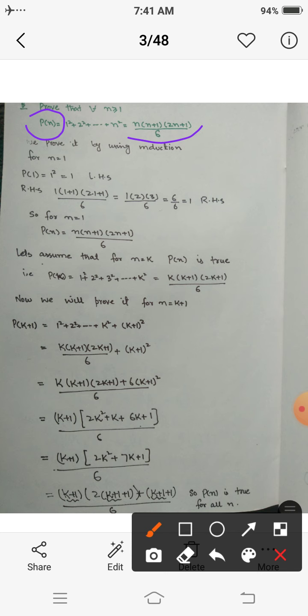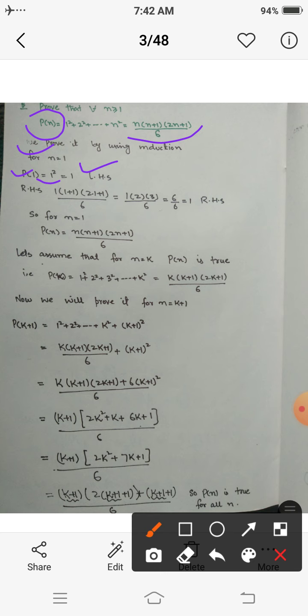Now what is the principle of mathematical induction? We prove the given statement for the smaller values, that is for n equals to 1. The given statement p of 1 becomes simply 1 square, because p of n is the sum of the first n squares. So p of 1 is the sum of the first 1 squares, which is simply 1. So LHS of p of 1 is 1.